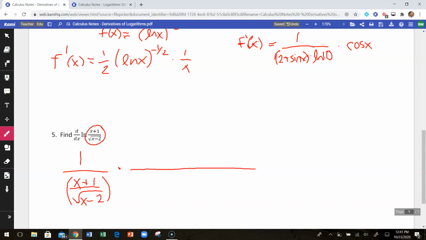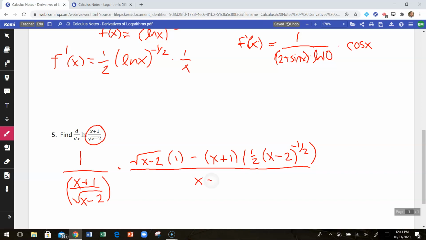So I've got to chain on a quotient rule here, which means we do the bottom times the derivative of the top, which would be 1, minus the top, x plus 1, times the derivative of the bottom, which would be 1/2 x minus 2 to the negative 1/2 power, all over the bottom squared, which would just be x minus 2.